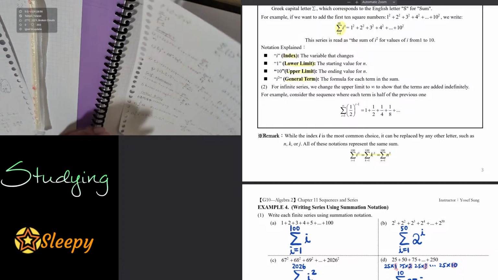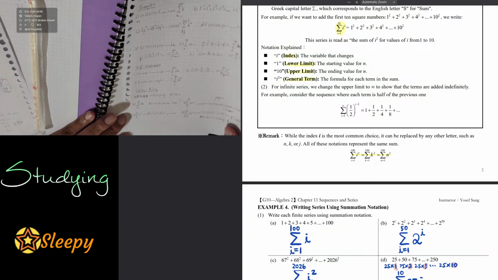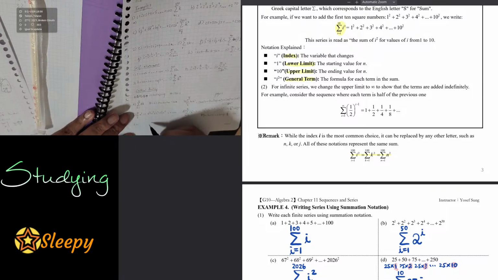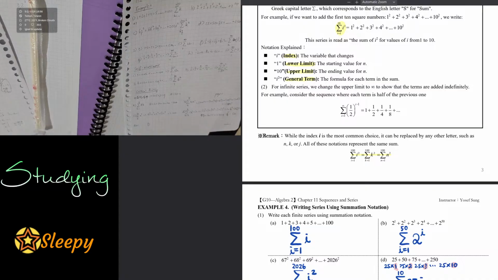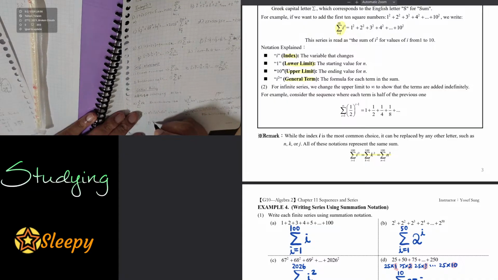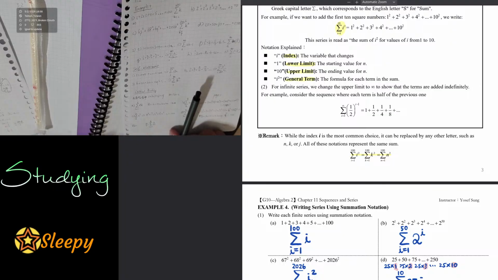E, okay, E is pretty simple. F sigma 6 n is 4 n divided by n plus 1. So you begin by 4, right? Okay, up to 6 now.